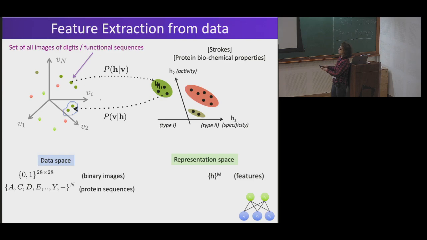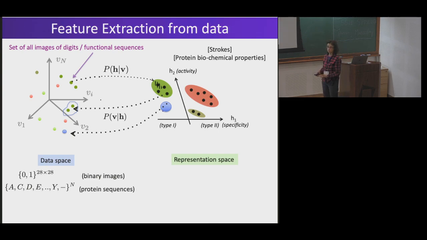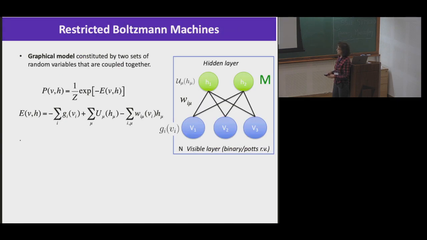This is the probability of your data given your hidden unit configuration. And you can even generate new configurations or new sequences which have not been experimentally observed. And so this is done by this restricted Boltzmann machine.